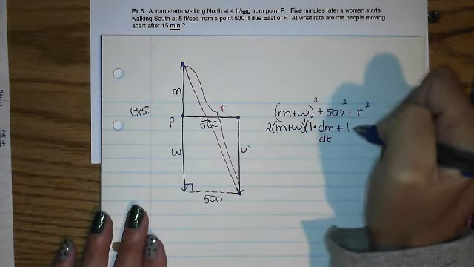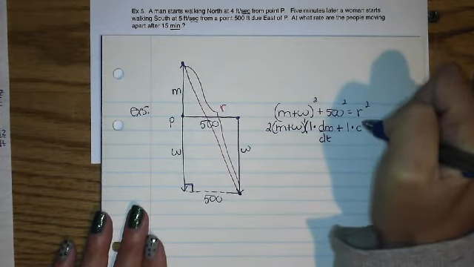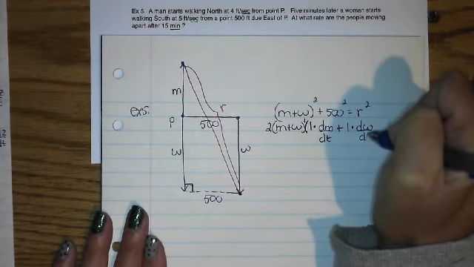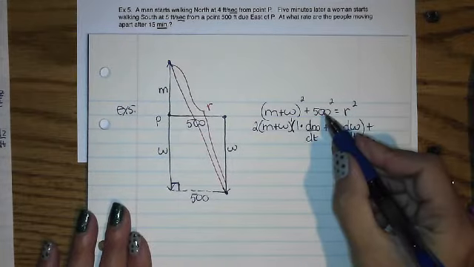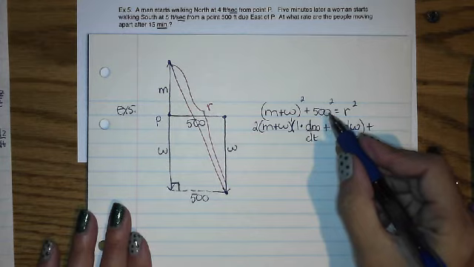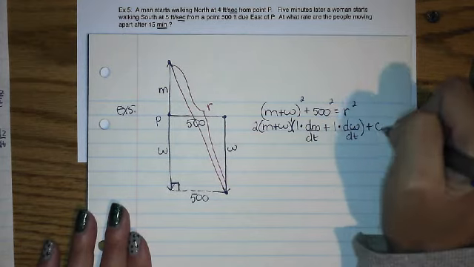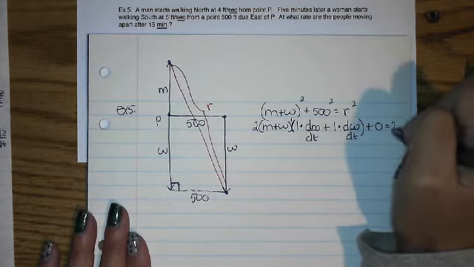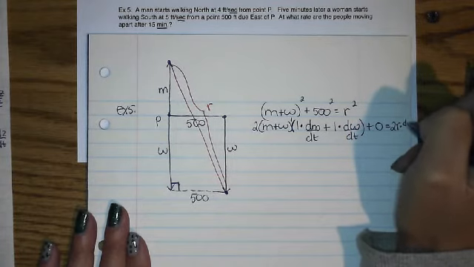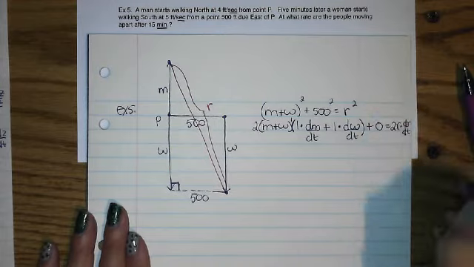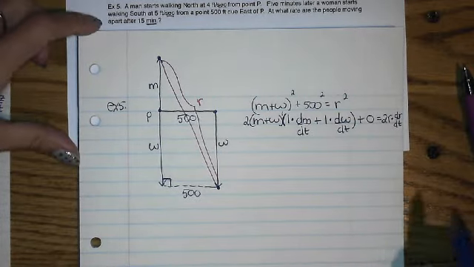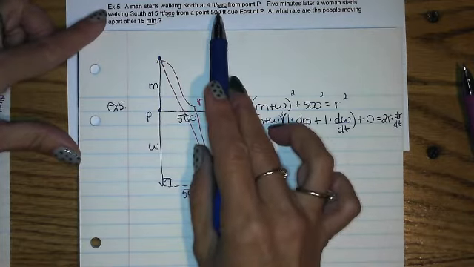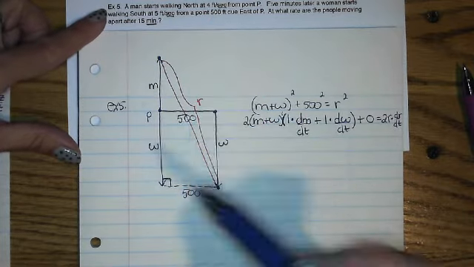The derivative of m is 1, times dm/dt, the man's rate with respect to time, plus the derivative of w is 1, times its rate with respect to time, dw/dt, plus the derivative of 500 squared is going to be 0. And then the derivative here is 2r times its rate, dr/dt.